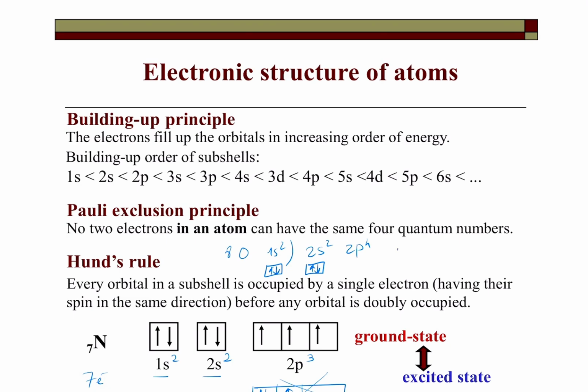For the 2p4 we have 4 electrons: first the same direction 3 times, then come back to the first one for the fourth. I cannot write it like this, 4 times going up, down, up, down, it is absolutely wrong. And we will study later about the ground state; sometimes an excited state happens, sometimes we have a free orbital and the electron can jump from one subshell to another, and it's very important.